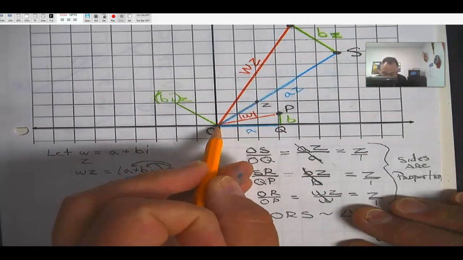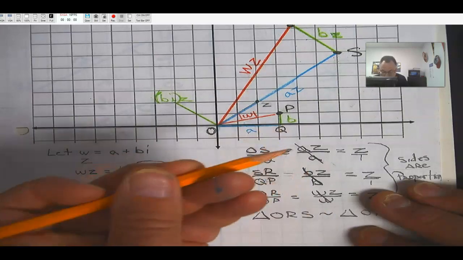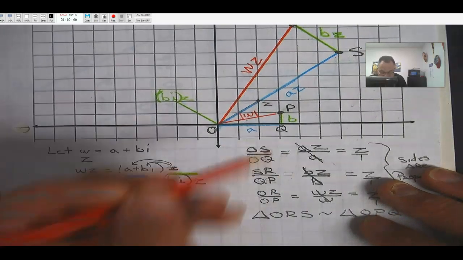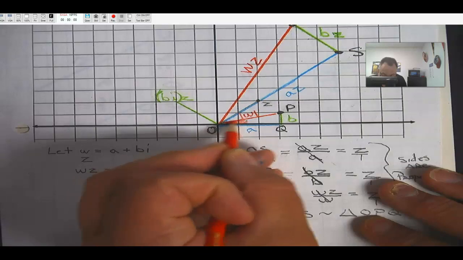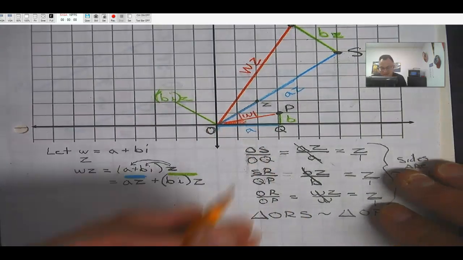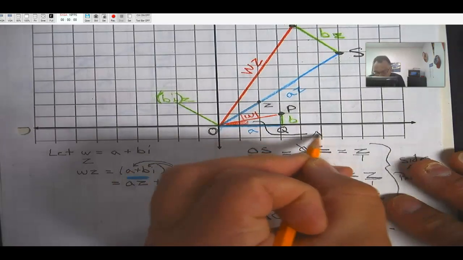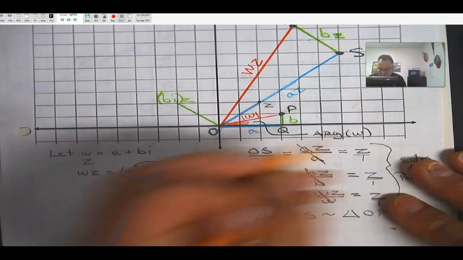So POQ, this is the argument for W. Okay, so I'm just going to do this. I'm going to shade this guy in just a little bit like that. Draw a little line to it and say that's the argument of W.